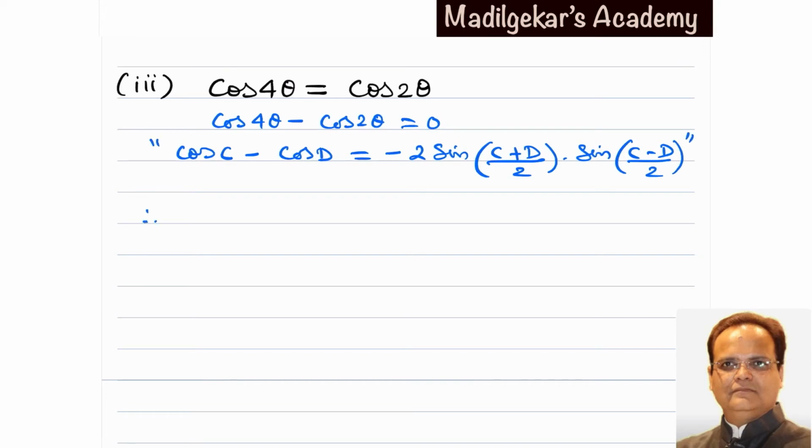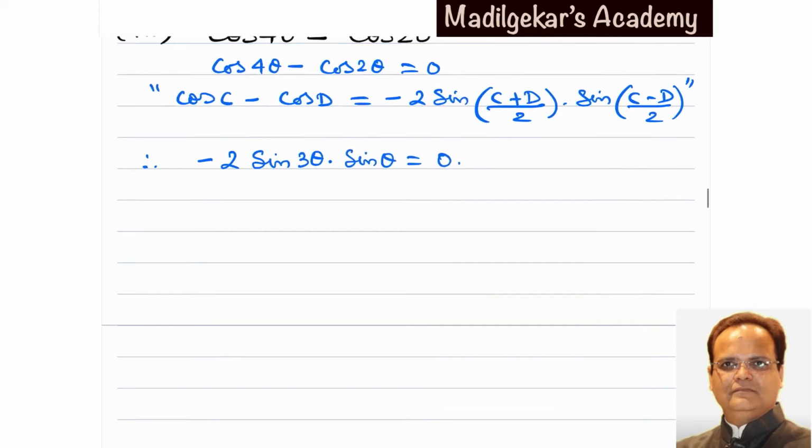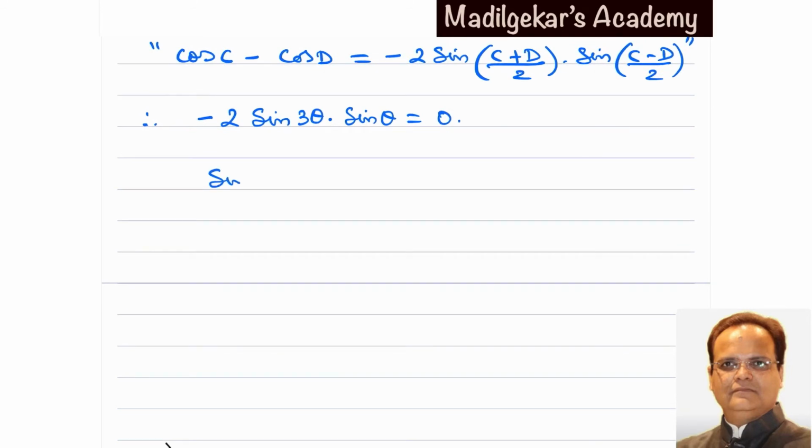Therefore, on applying the formula, we get minus 2 sine 3 theta into sine theta equals 0. Divide by minus 2: sine 3 theta equals 0 or sine theta equals 0.